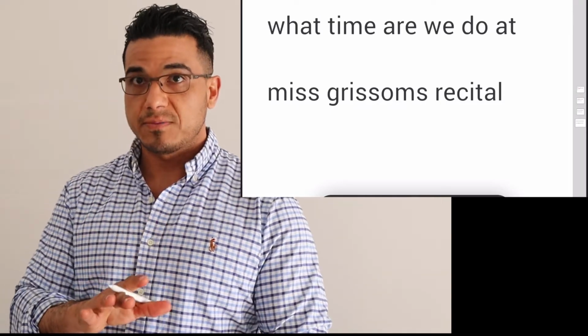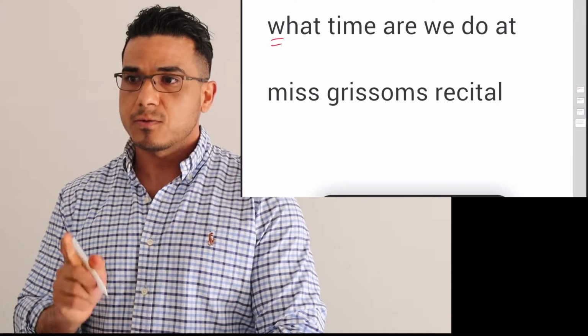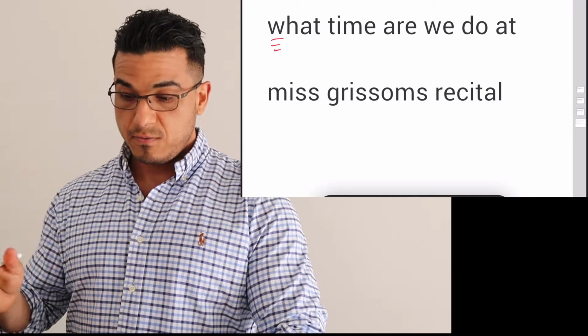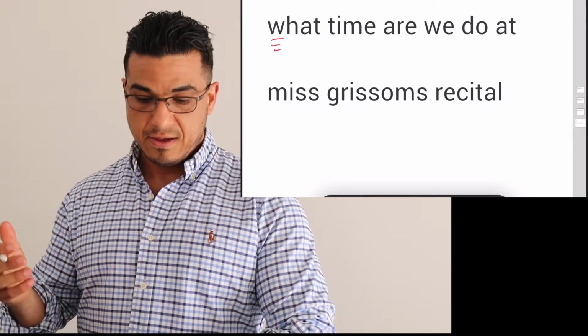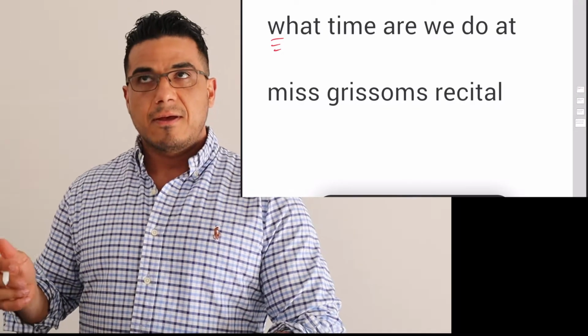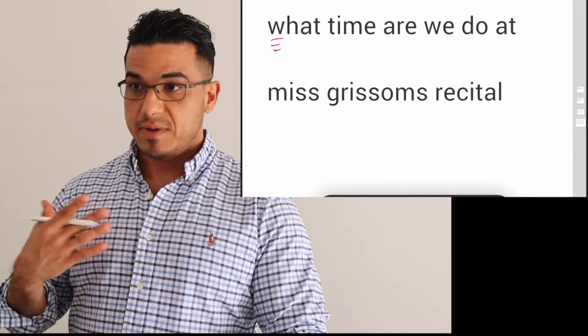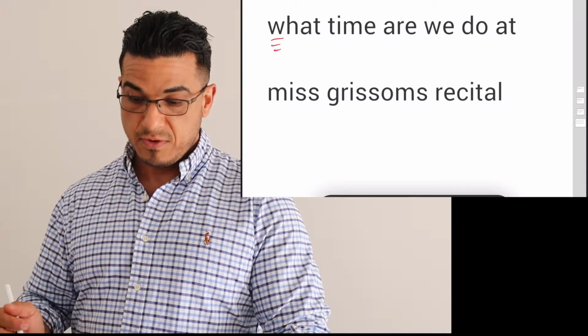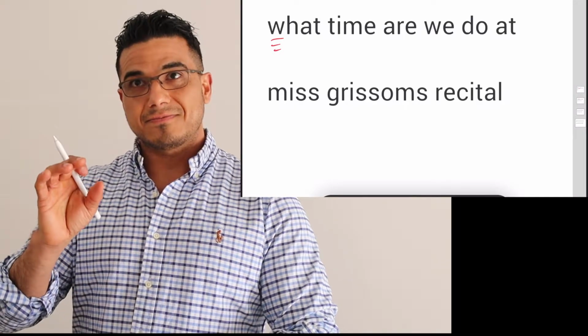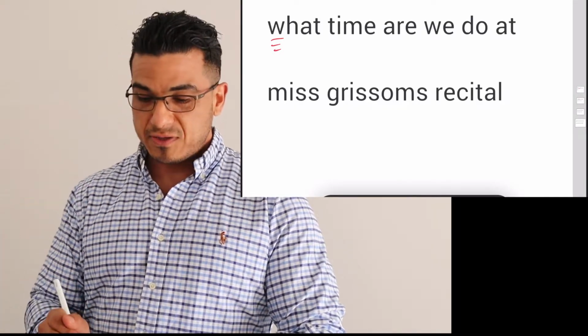Again, always want to begin a sentence with a capital. So what time are we due at Miss Grissom's recital? What time are we due? Actually, due would work, but it's the wrong kind of due.